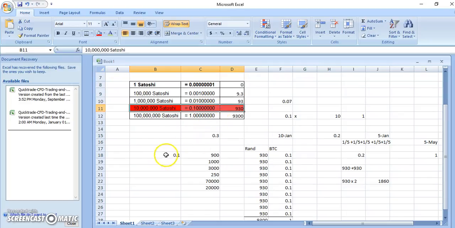And above 9,300, it means I can buy bitcoins which are 1.5. That means I bought 1, which is this one, and 0.1 and 0.1 and 0.1 and 0.1 and 0.1 until they are 5.